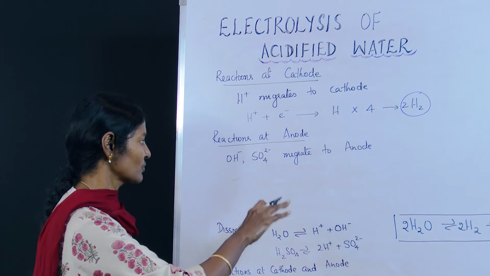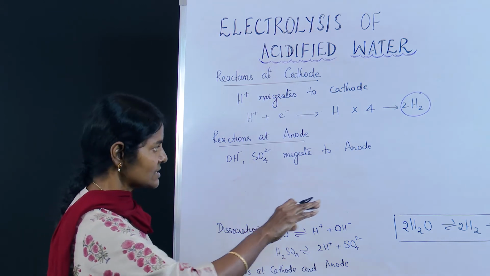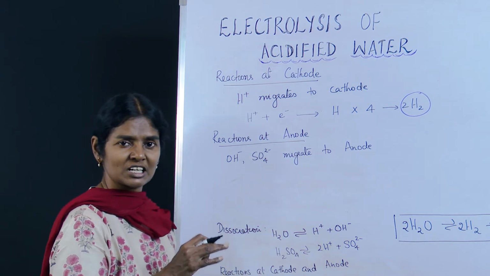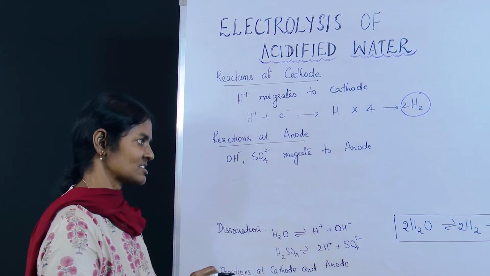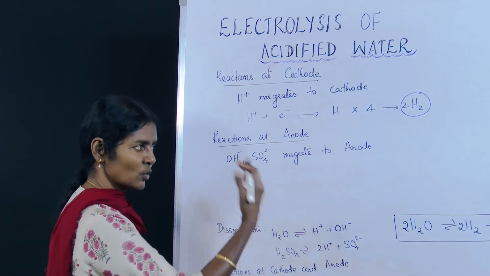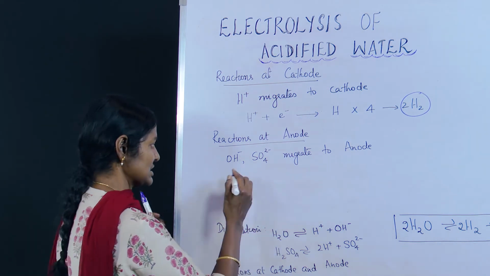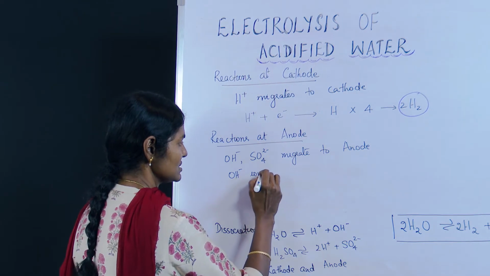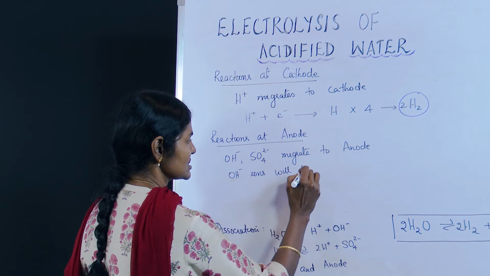These 2 radicals also will be traveling towards the anode, but there is a preferential discharge or selective discharge, according to which OH being lower in the electrochemical series, OH ions or radicals will be discharged.